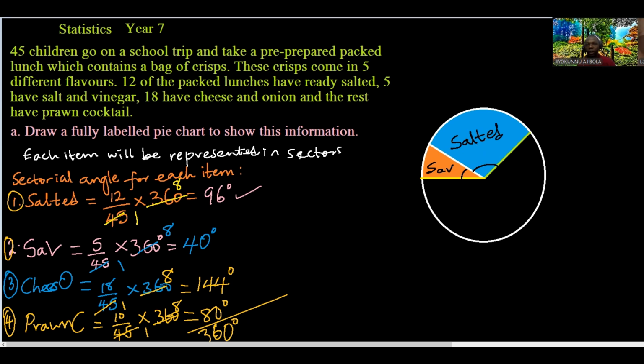Then the next one is 144. If I want to create a straight line with this yellow line, that will be 180 at the base. So if this is 180, I need 144. I'm going to shift this a little bit to get my 144.